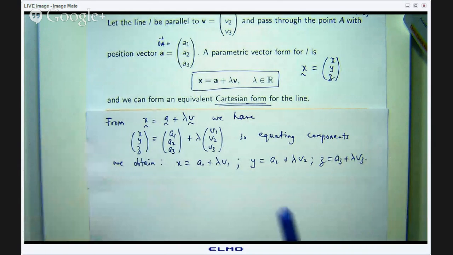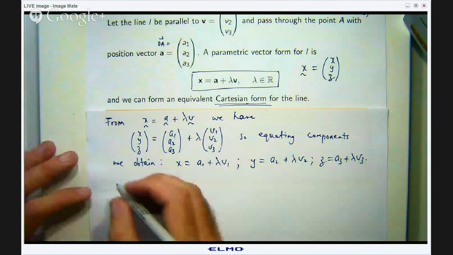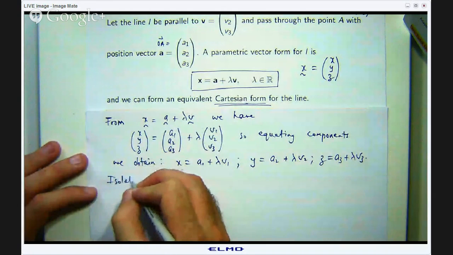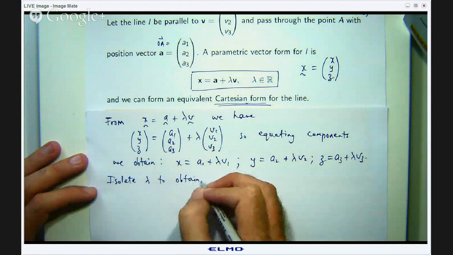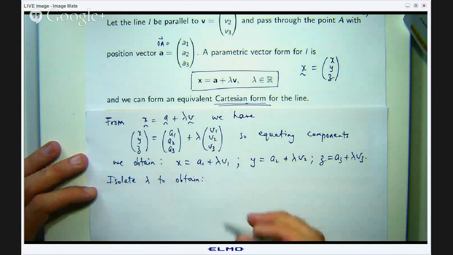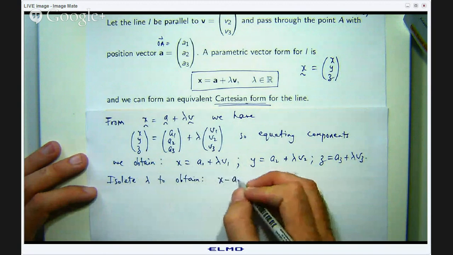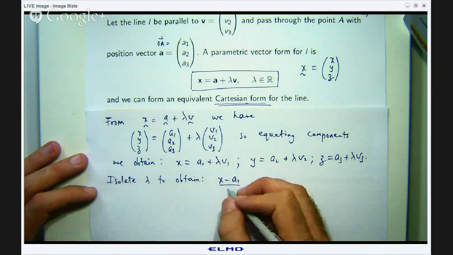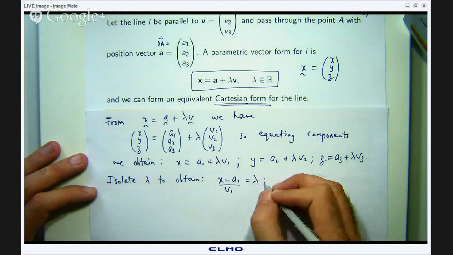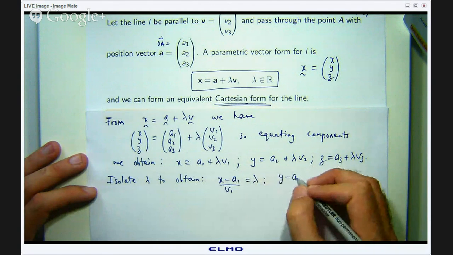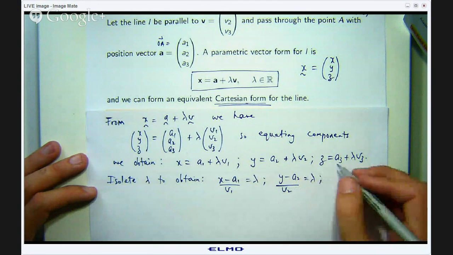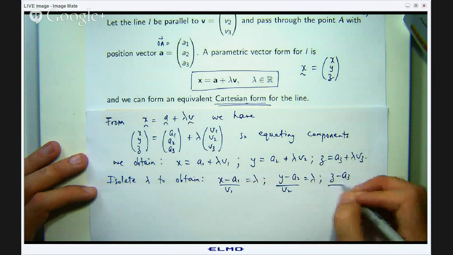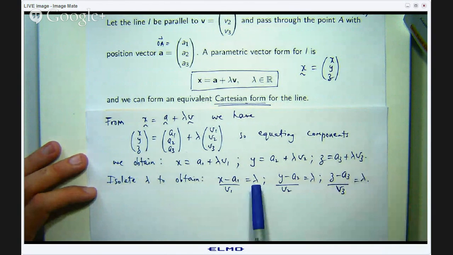Okay, so what we want to do now is isolate the lambdas. So I take the a1 over there and divide by v1. Okay, so I've isolated the lambdas.